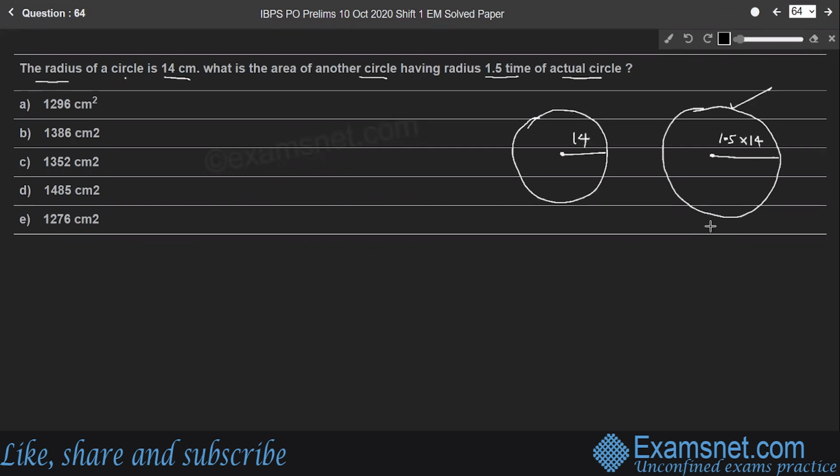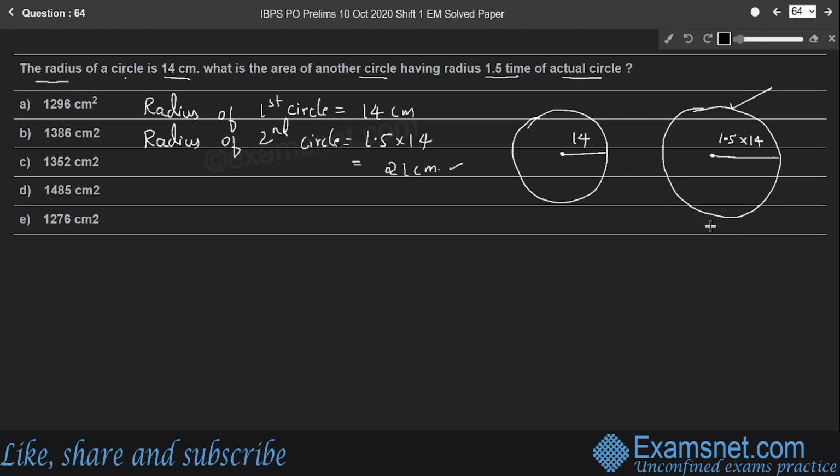So the radius of the first circle is 14 centimeters and the radius of the second circle is 1.5 into 14, which is equal to 21 centimeters.